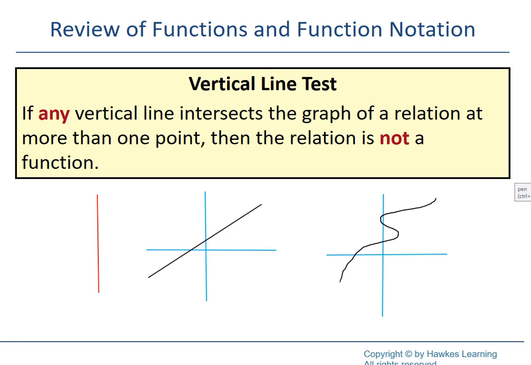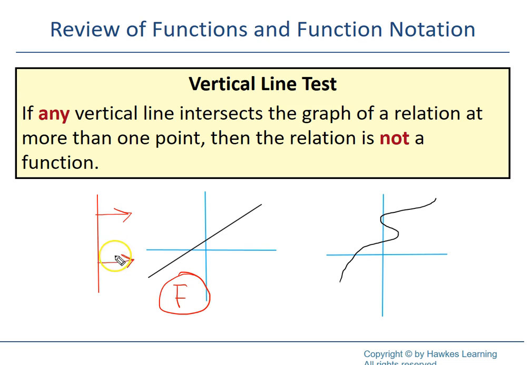Now, the vertical line test we had mentioned was if you have a vertical line and you pass this vertical line over the face of the graph, does this vertical line only intersect the graph in one place as you move it across the face of the graph? Well, in this case, the answer is yes. So this is a function.